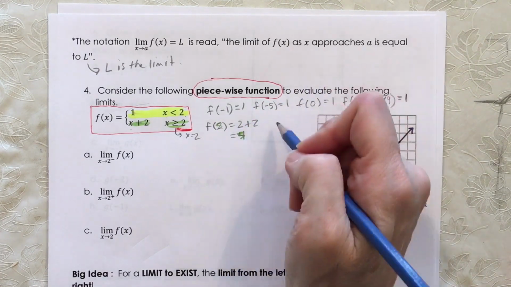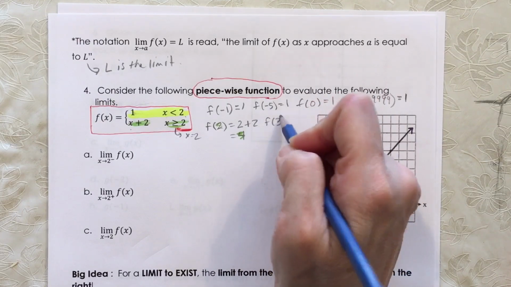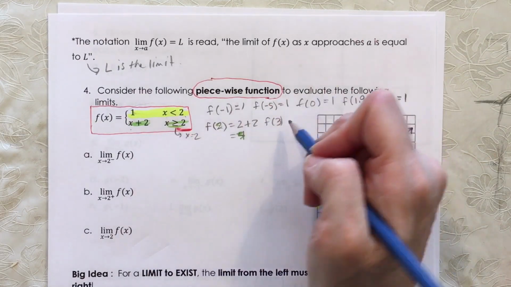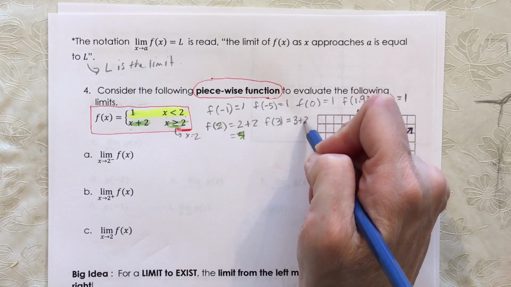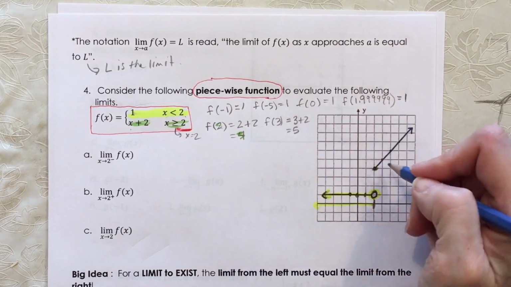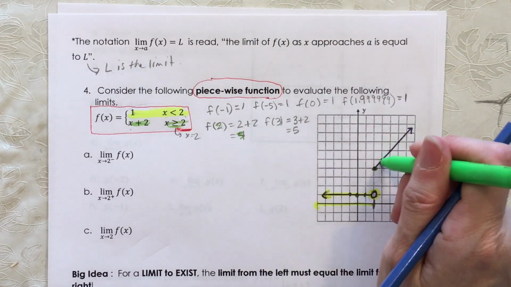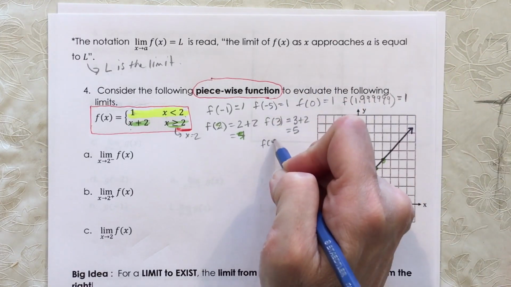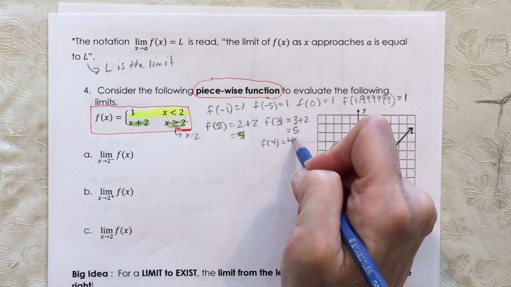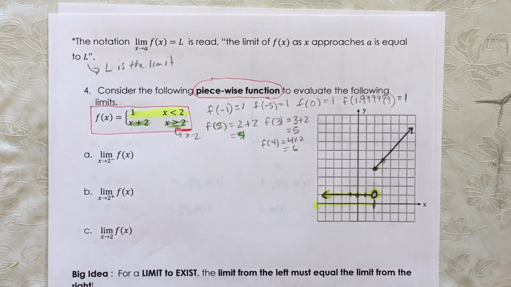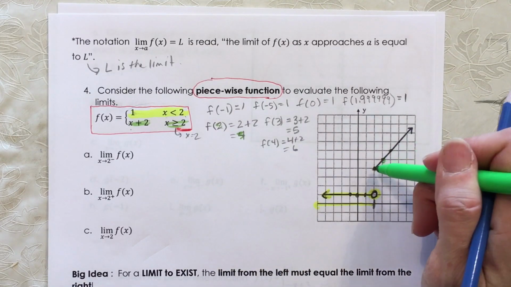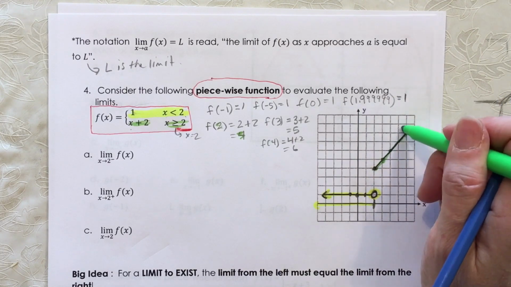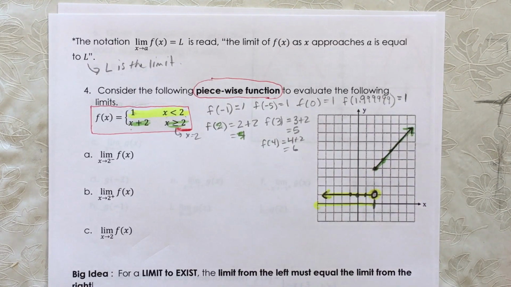And then I can think about f at 3, because 3 is also greater than or equal to 2, would be 3 plus 2, or 5. F at 4, 4 plus 2, which is 6, and on. So you get this second piece of the function.